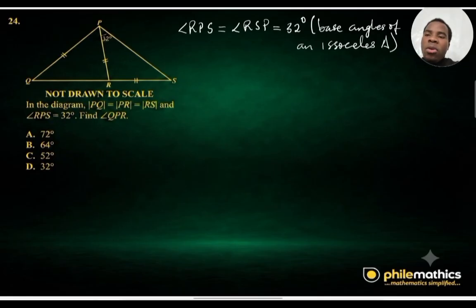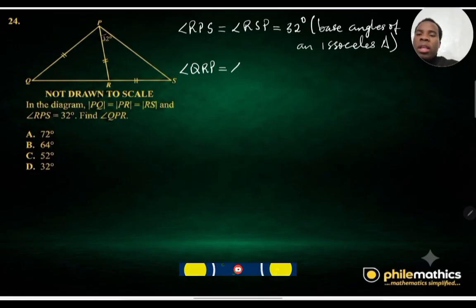Now we know this angle, we can find what this angle is with a theorem that says the exterior angle of a triangle equals the sum of the opposite interior angles. That means angle QRP is simply angle RPS plus angle RSP.